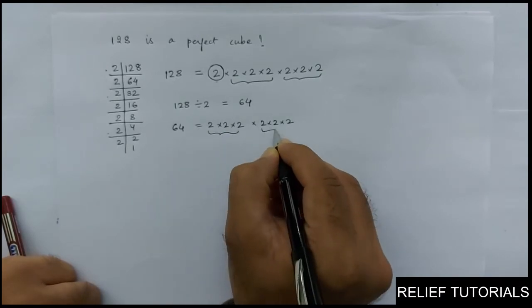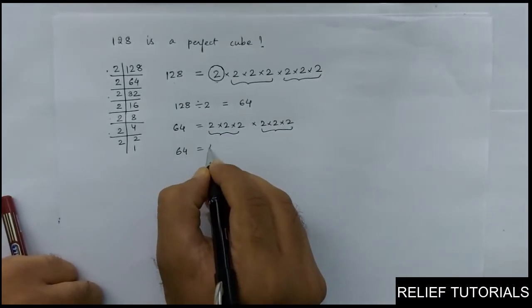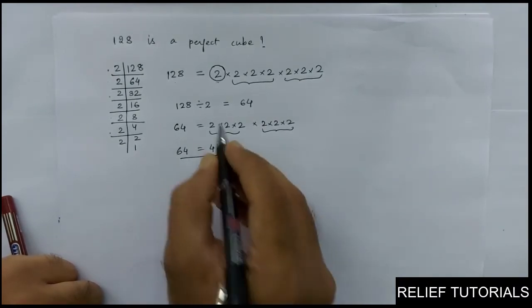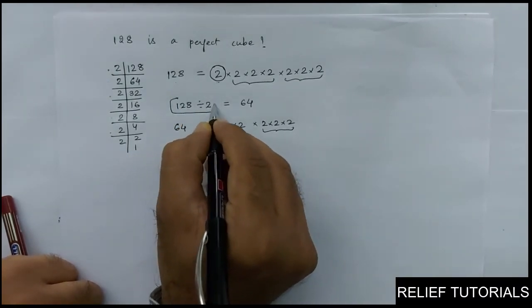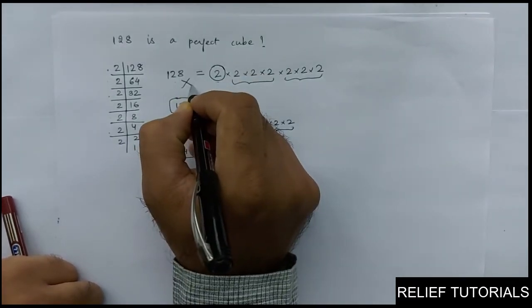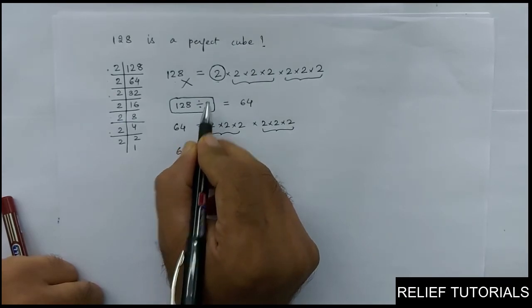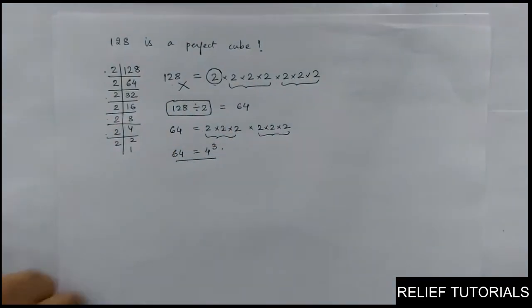So 2 triplets of 2, so 2 2s are 4, so 64 is a cube of 4. So in short the answer is you have to divide 128 by 2. 128 is not a perfect cube. You can make it a perfect cube by dividing it by 2, this extra number.